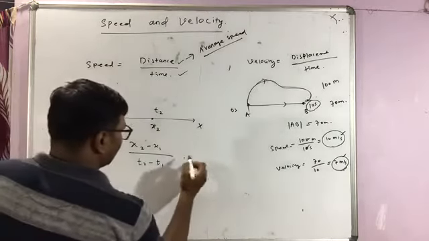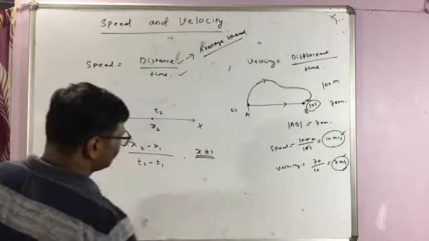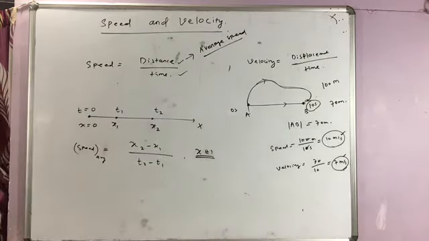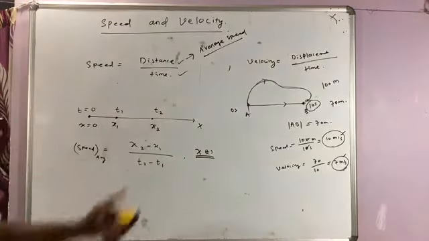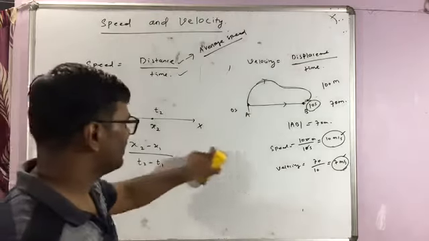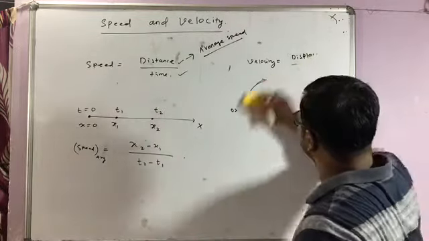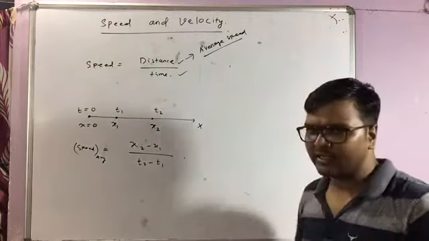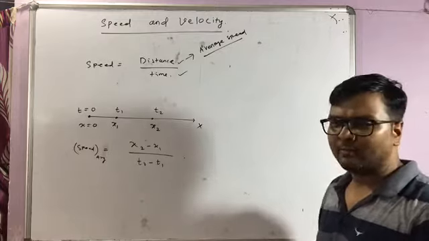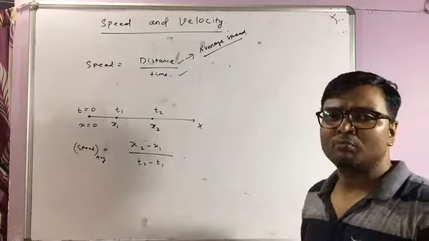If x as a function of time has been given, how the position is changing, then you can find out the average speed by using this formula. Now let us introduce another term. This is a simple example I am taking, suppose you are riding a bicycle or a motorcycle, there is a speedometer.